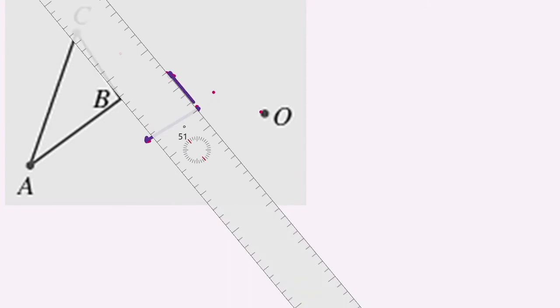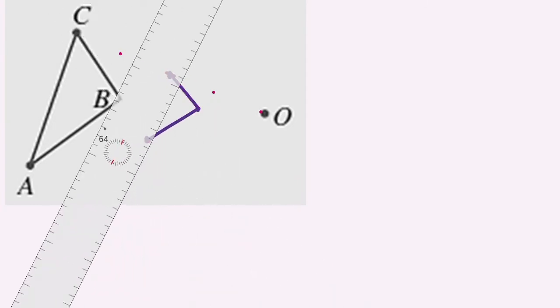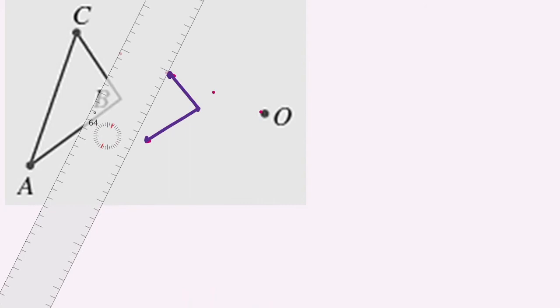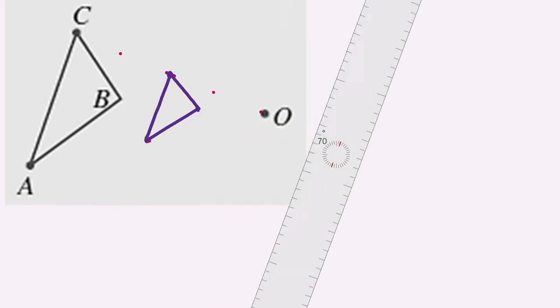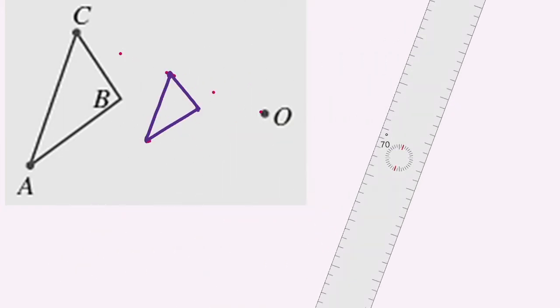Join those lines. And now I have a new triangle that is half the size of the original one. And I can label the sides with a little dash to say that they are similar, but they are not exactly the same.